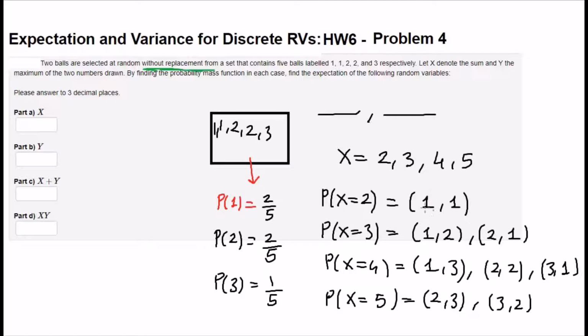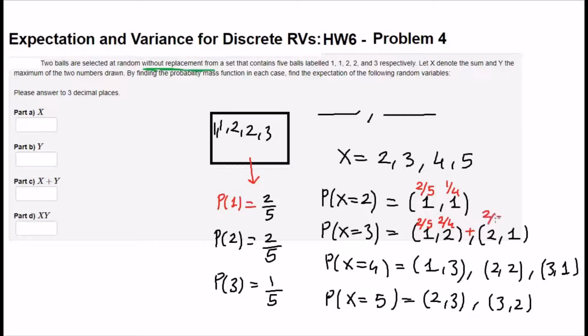So probability that we pick 1 at the first coordinate is 2/5. And 1 again at the second coordinate is 1/4, without replacement, and we're left with 4 balls. Probability that we pick 1 at the first coordinate is 2/5, and then 2 is 2/4. And we're going to combine the probabilities here.